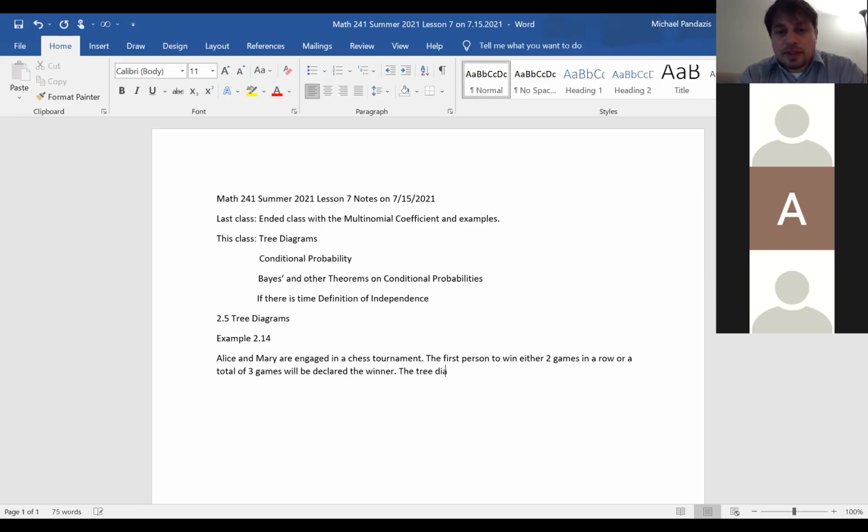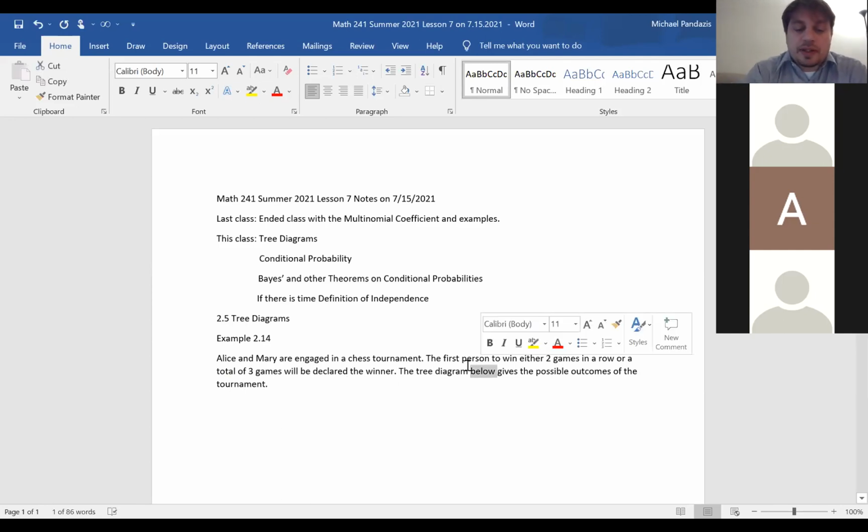The tree diagram below gives the possible outcomes of the tournament. And by below, I mean the tree diagram on the whiteboard.